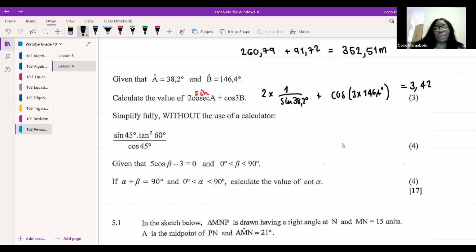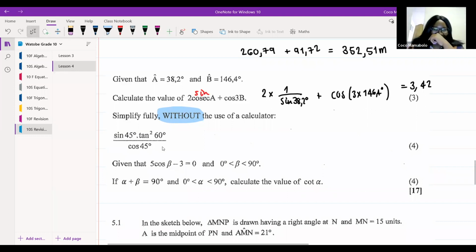All right, we're going to do this last question over here that says, simplify fully without the use of a calculator. As soon as we see without the use of a calculator, what does this tell us that we're going to be looking at? What are we looking at, guys? As soon as I say without a calculator, don't use a calculator.